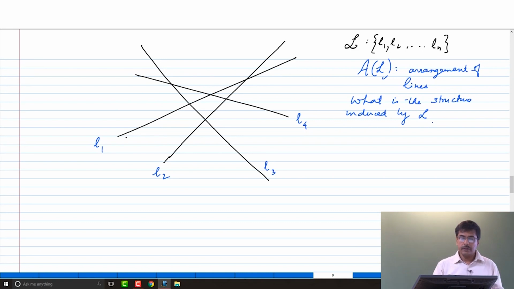And the graph is defined by the intersection points, which can be thought of as vertices. So these are precisely the vertices.